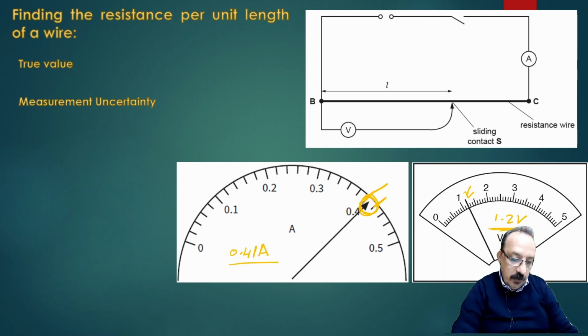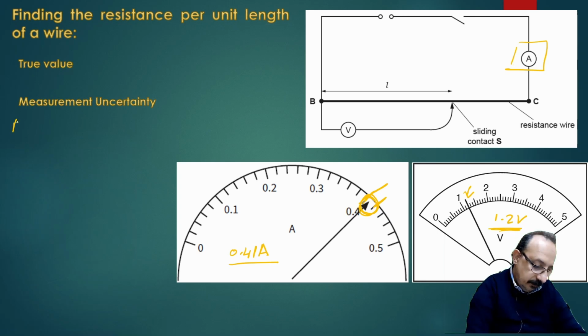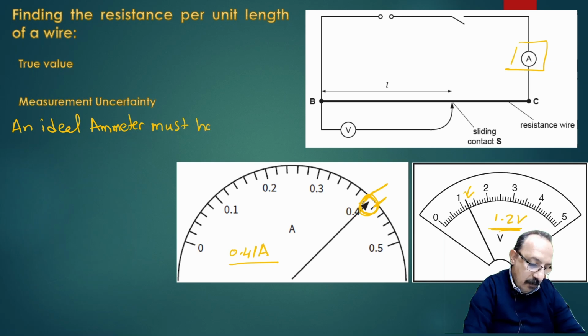If you remember from your electricity chapters, you were told that an ideal ammeter must have zero resistance.